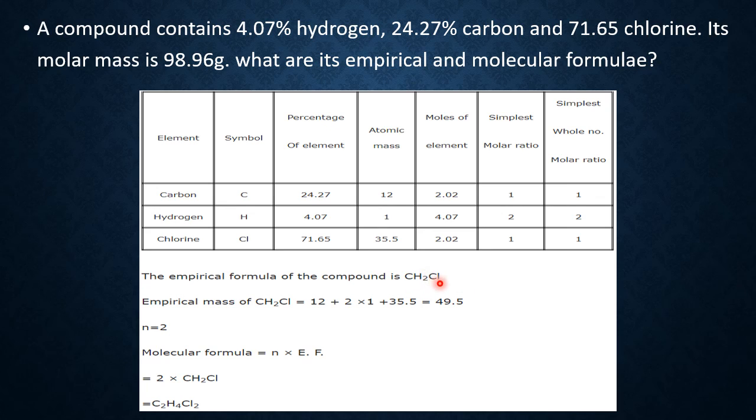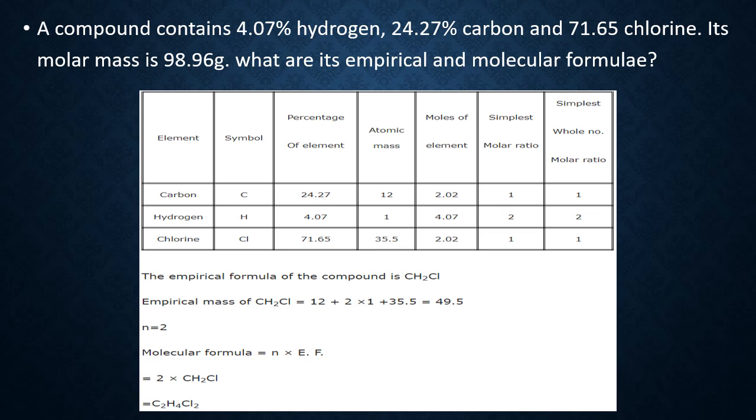So the molecular formula becomes C2H4Cl2. In this way, using the percentage composition, we have calculated the empirical formula as well as the molecular formula. For this, we should know the molar mass and atomic masses. Atomic masses are from the table, and molar mass will be given in the question itself.